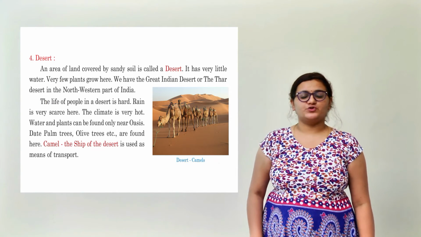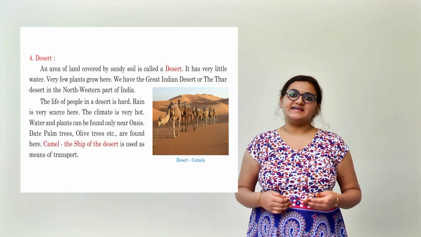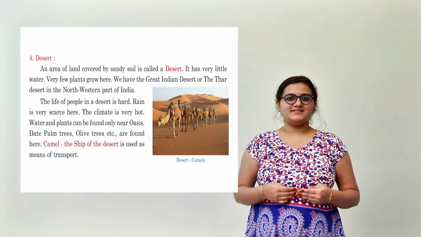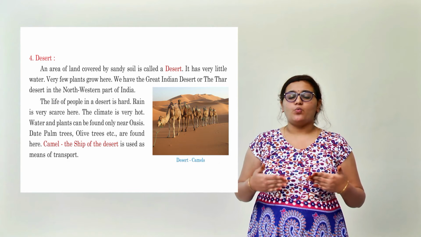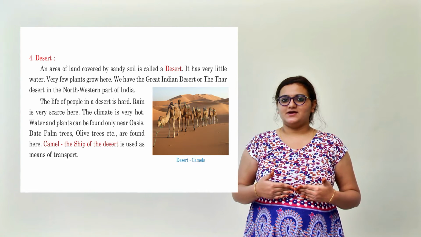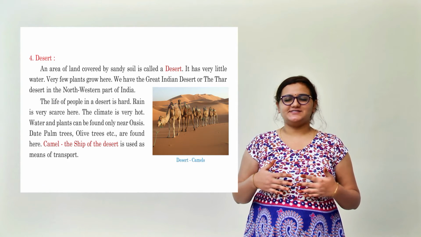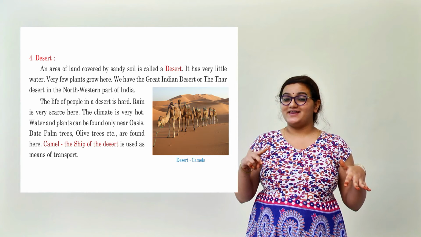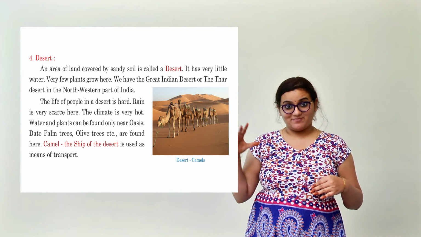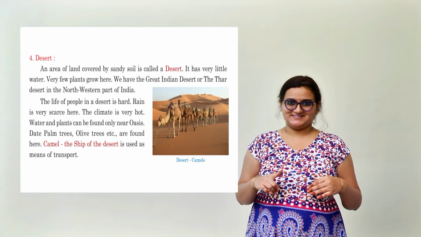Now let us come to the fourth landform, that is desert. I think when you close your eyes and when I say desert, what comes to your mind? Can you think? So you see sandy soil everywhere. Yes, that is the first thing you see. And then what comes to your mind? Camel is coming. Yes, that is correct.